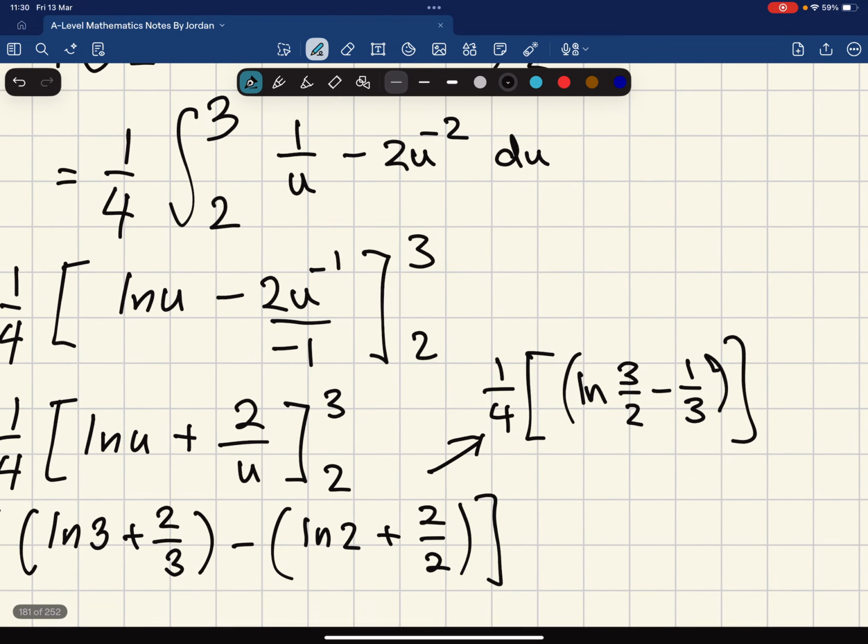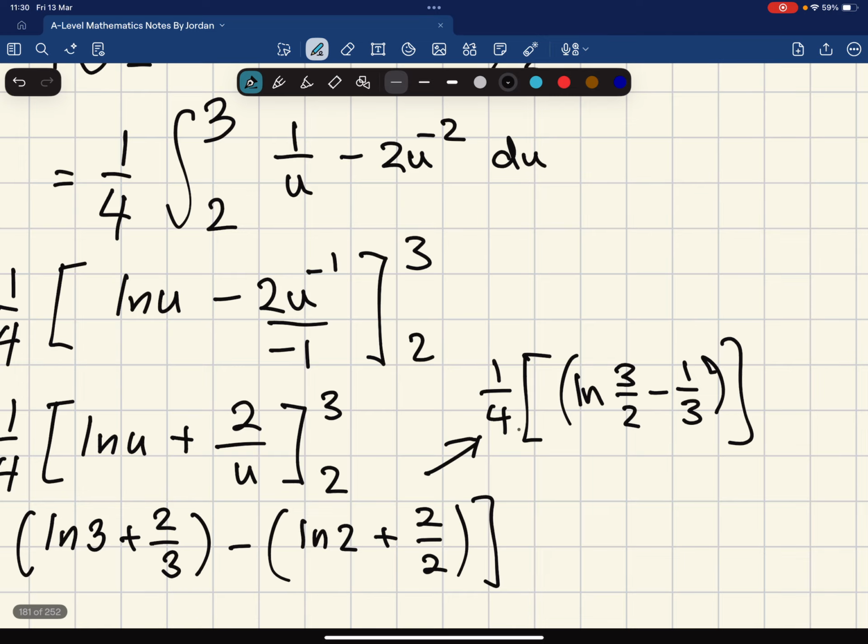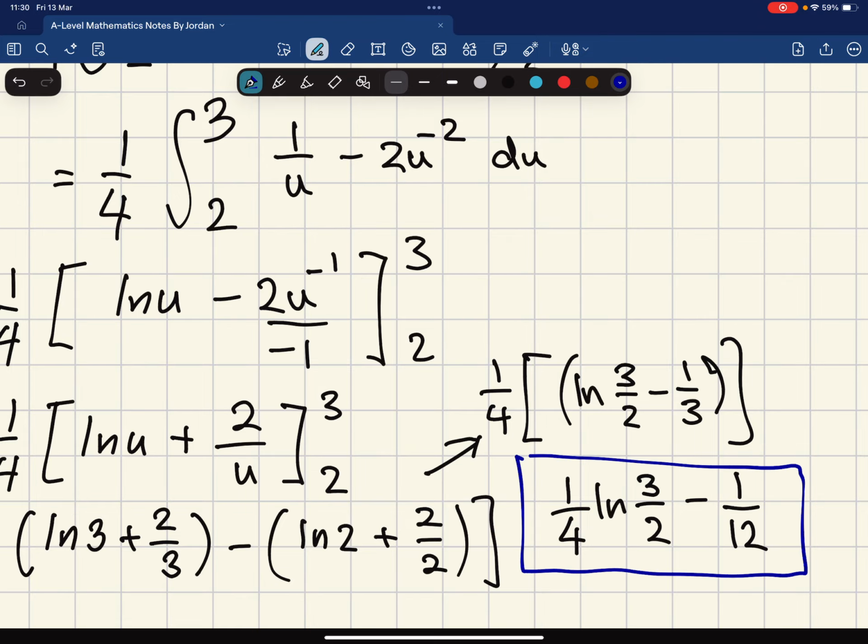Okay, the only thing I'm then going to do is just times everything by the quarter at the front. So we get 1/4 ln 3 over 2, and then times in the 4 and the 3 gives us minus 1/12. So this is your final answer.